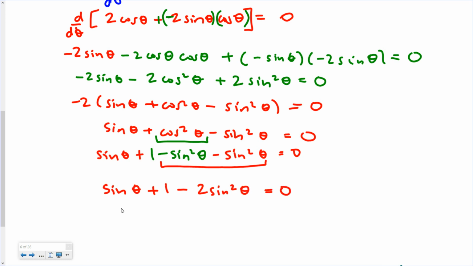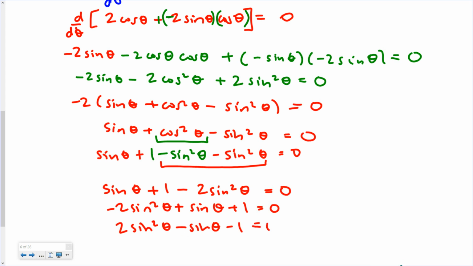If I rearrange this, I can get negative 2 sine squared theta minus sine theta, plus sine theta, plus 1 is equal to 0. All I did was rearrange it. Okay, and if I multiply everything by negative 1, I get 2 sine squared theta minus sine theta minus 1 is equal to 0.